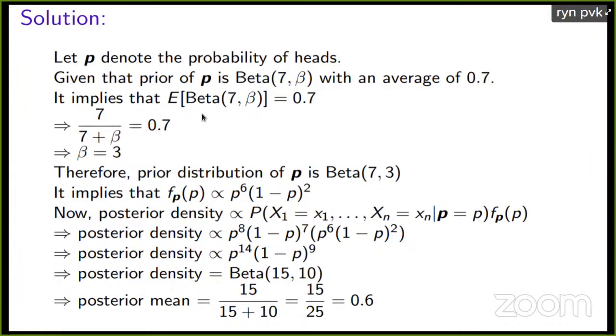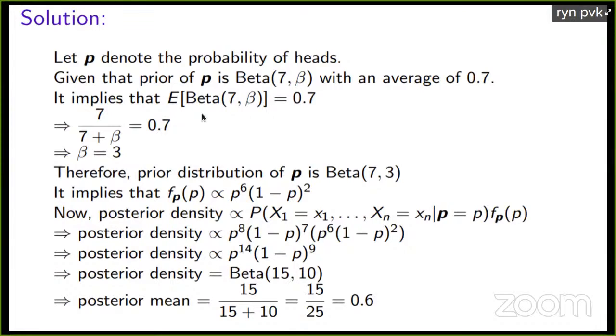Sorry, 7. 15 times we have tossed the coin, and in that 8 times I got heads. And I know the prior density is p to the power 6 into 1 minus p squared. So if you multiply these, we get p to the power 14 into 1 minus p to the power 9.